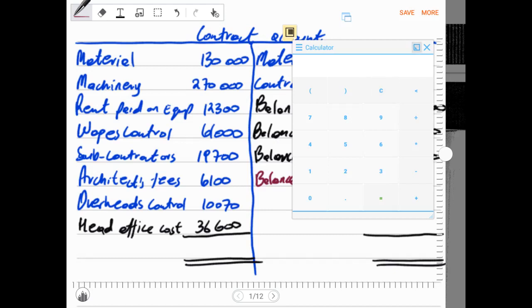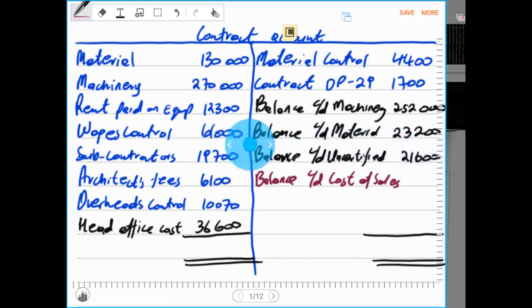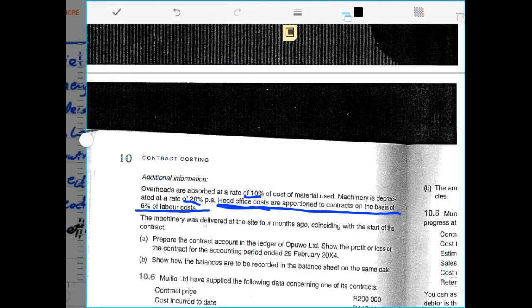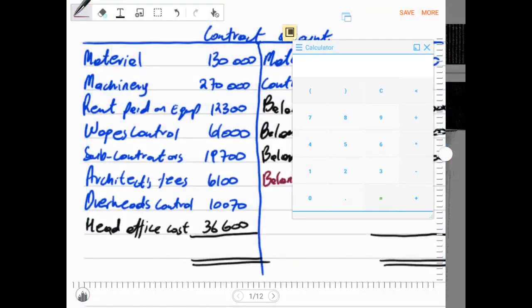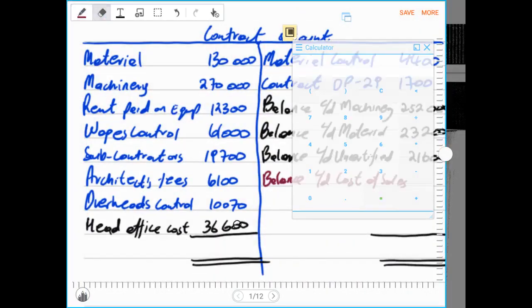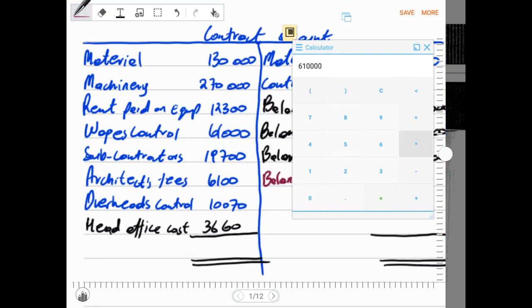Let me just confirm my head office cost. Head office cost, it is 6%, not 60%. Sorry for that. I just incorrectly calculated that. So head office is 61,000 times 6 divided by 100.